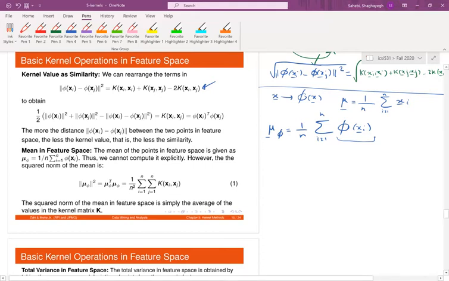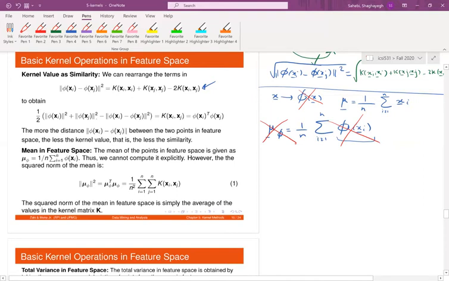So it seems that if I don't have access to phi of x, I will not be able to calculate the mean of my data in the new feature space. That sounds very disappointing, right? So we really cannot calculate the mean vector itself in the new feature space. That's sad.